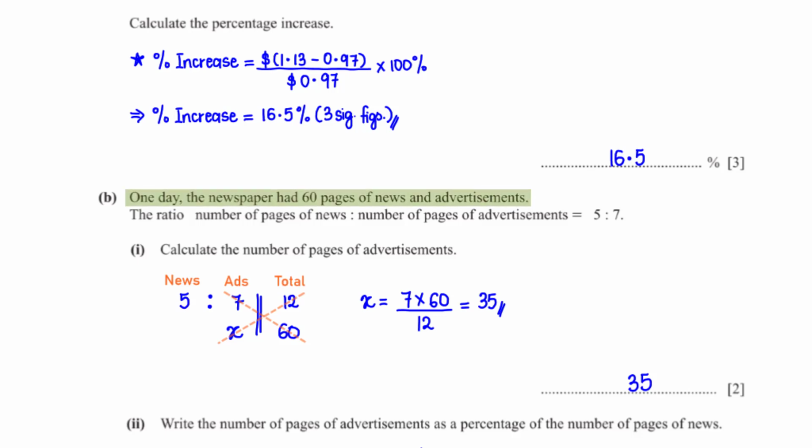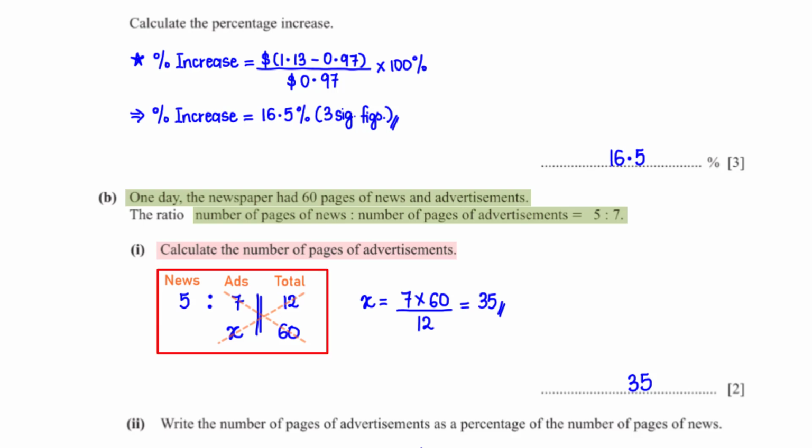One day, the newspaper had 60 pages of news and advertisements. The ratio of the number of pages of news to the number of pages of advertisements equals 5:7. Calculate the number of pages of advertisements. In our ratio setup, we've noted the ratio of news to ads, which is 5:7. When we add 5 to 7, we get 12.